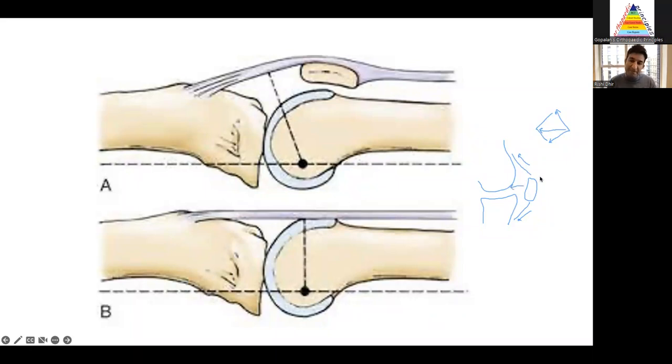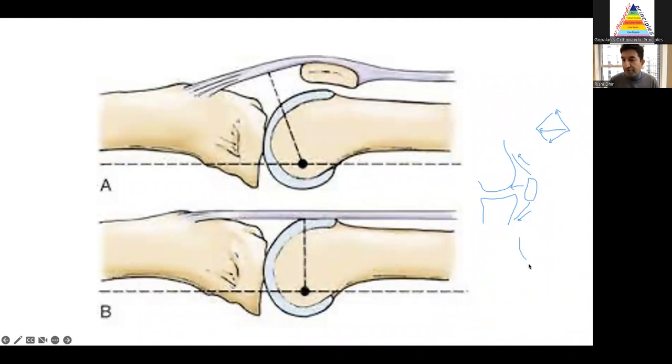Now, what happens is the patella acts as a fulcrum, essentially. It's a sesamoid bone, which makes these work more efficiently. So what will happen is if the patella goes, you will essentially have the quads and the patella ligament to generate the same force, and both will have to work harder.